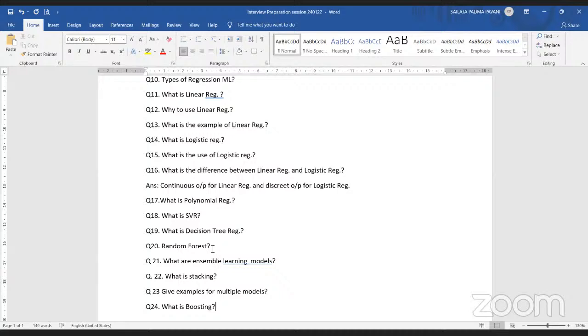Whenever you want to minimize the training errors, we use boosting. And the training errors, how will the training go? Sequentially, the training is performed.